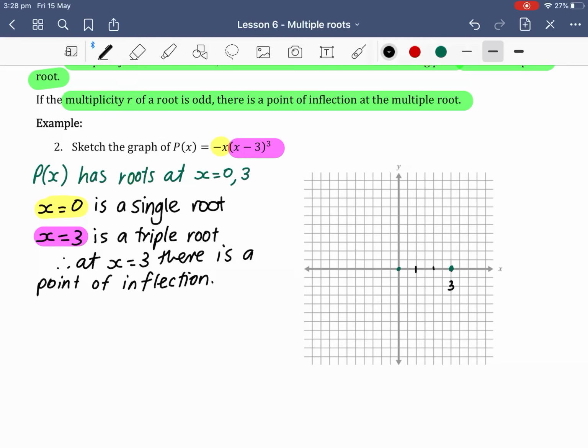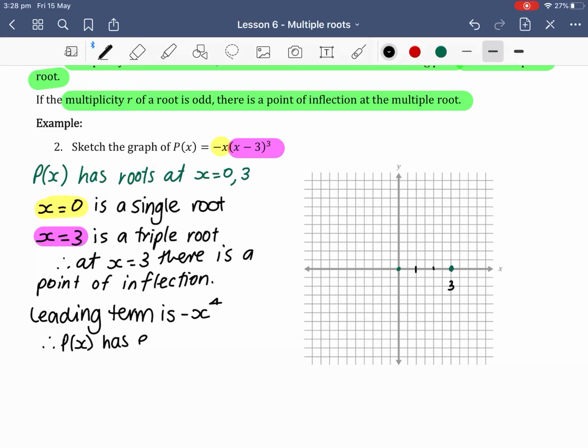The degree of this is going to be even, because our leading term is negative x to the power of 4. So our P(x) has even degree.